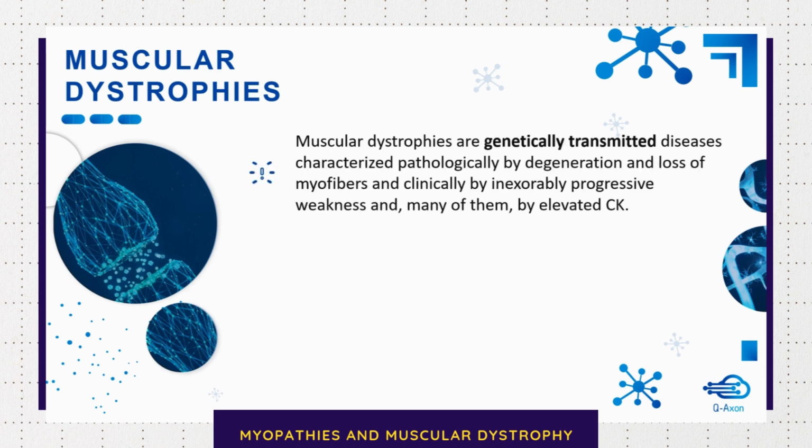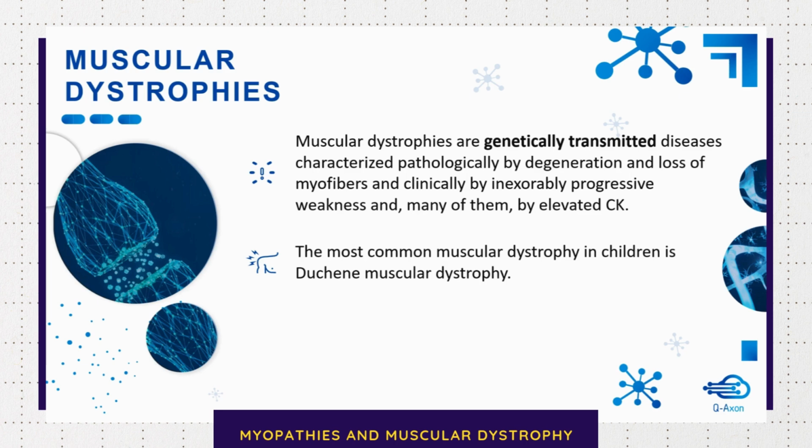So this is a group of genetic diseases characterized by degeneration and a loss of muscle fibers and therefore progressive muscle weakness. From a biochemical perspective, an elevated creatine kinase is the hallmark.